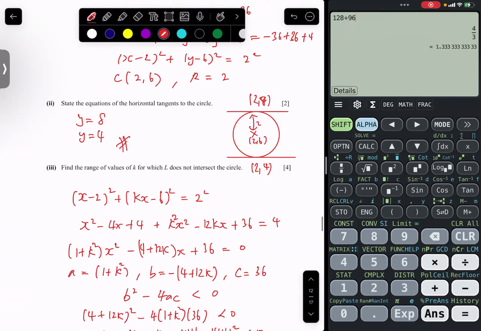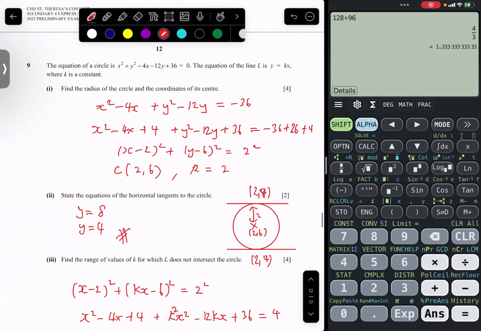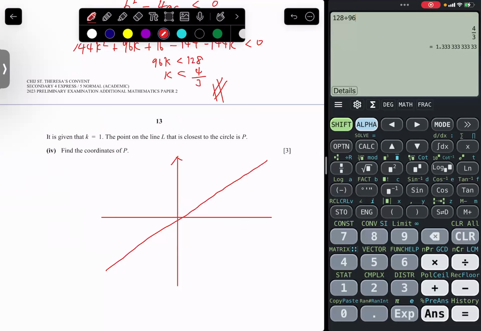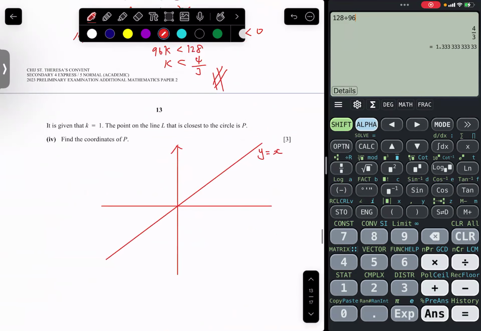So I have a curve that is not intersecting with the line. The line is y equals x. Let's try to visualize that. y equals x is like this line. I have a circle with center 2 and 6.